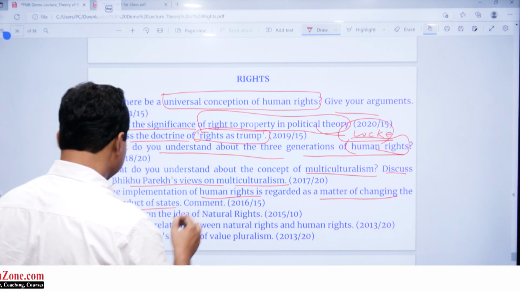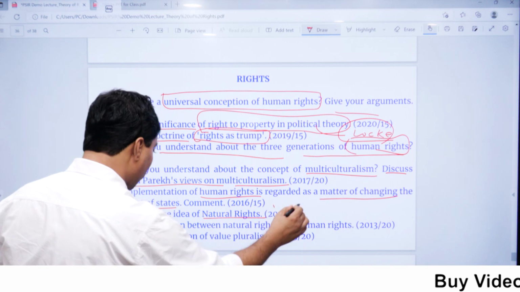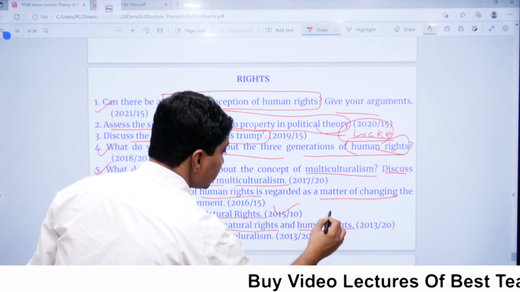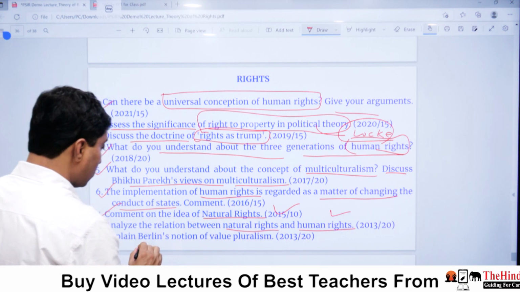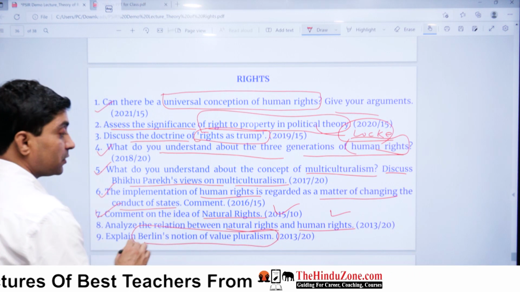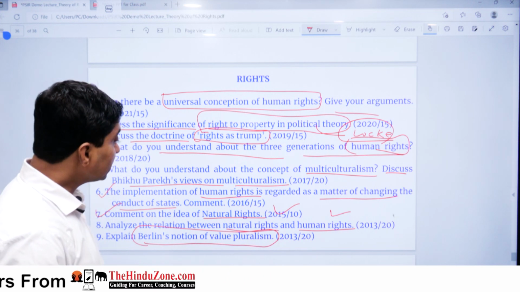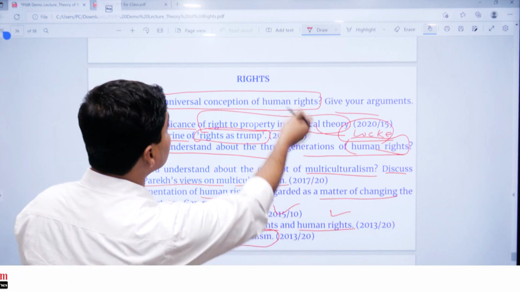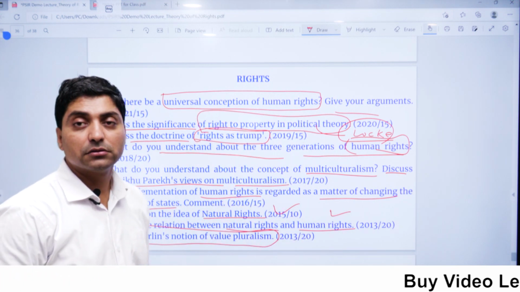We talked about that. Now, comment on the idea of natural right. Analyze the relation between natural rights and human rights. Then explain Berlin's notion of value pluralism. It's a very old idea. So you see, from 2013 to 2021, you can understand.